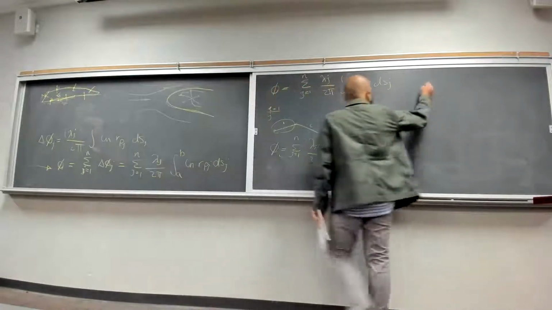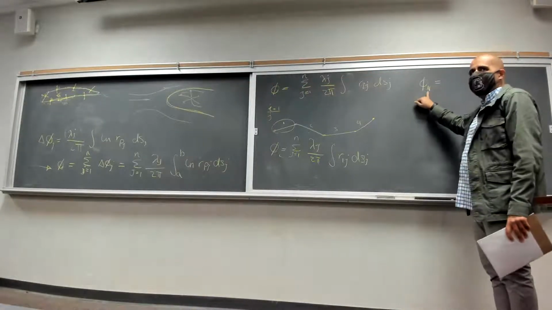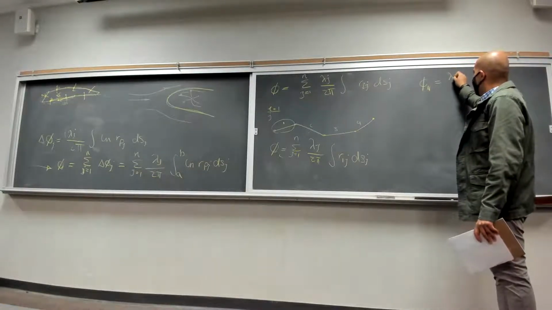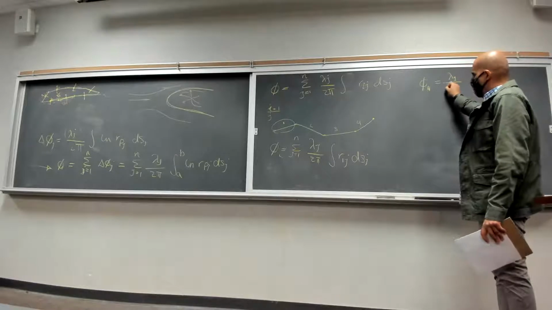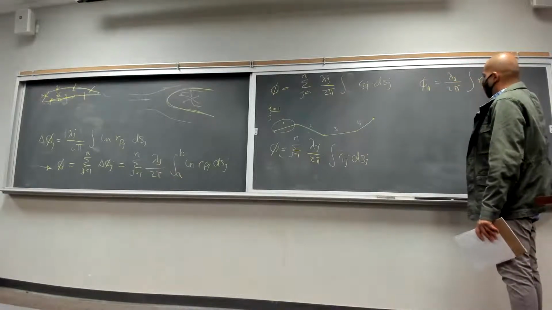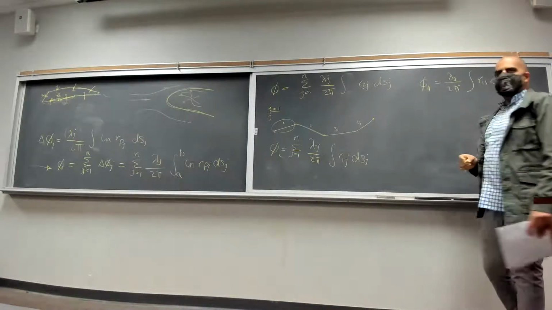So phi that is induced by 1 on 1 is going to be lambda 1 over 2 pi, integral of r_11 ds_1. Okay?